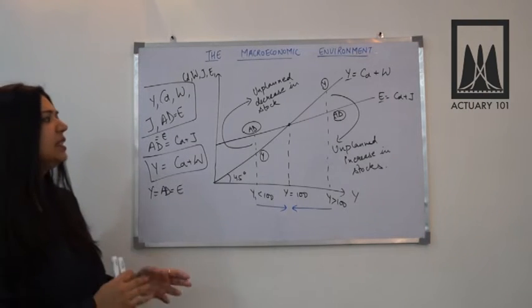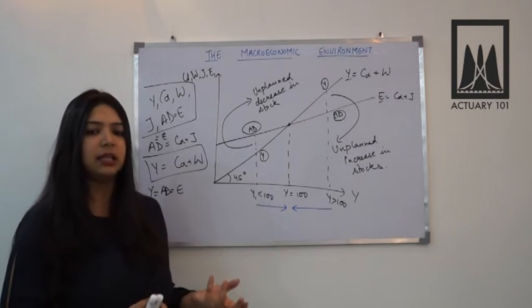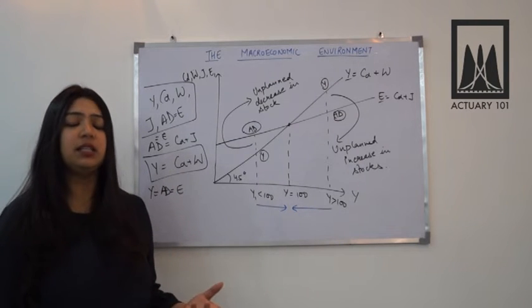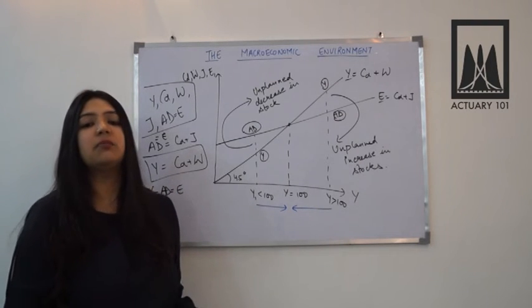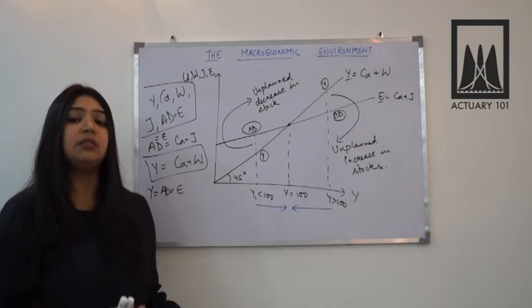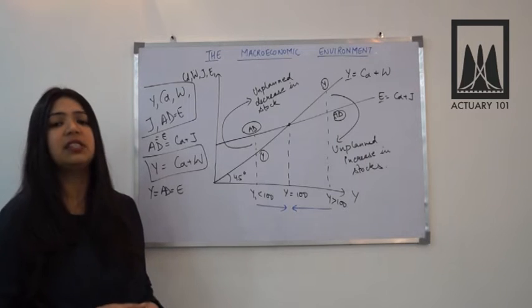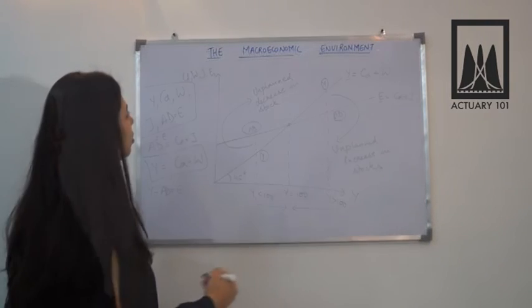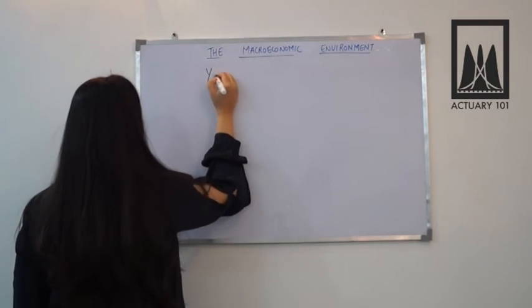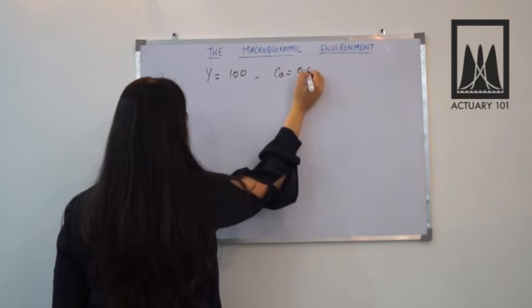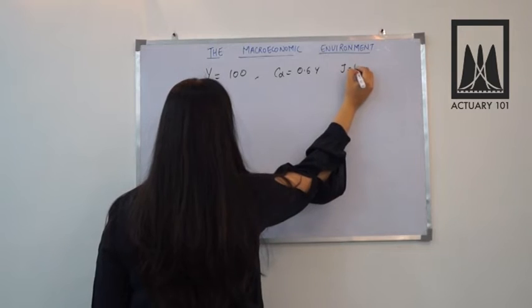Now let's look at this with the help of another example. What happens when there is an increase or decrease in the injections, how the national income is impacted in that case, and then we will see the multiplier effect that is very important when we study the national income. Now in the previous example, we had Y is equal to 100, CD was equal to 0.65 and J was equal to 40.